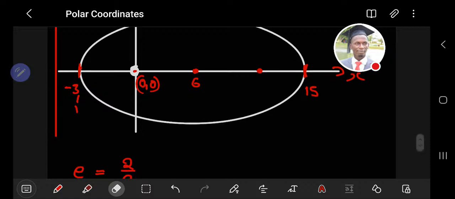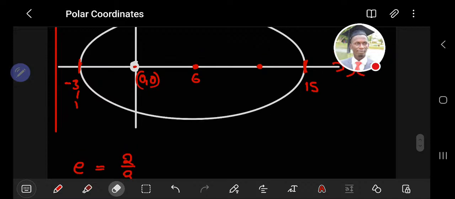Okay, now with our center found, we want to identify where the other focus is. Want to find where this point is. Well, with the center found, we don't actually have to do a lot of math. Why? Because we already know the distance from the center to one of the foci.